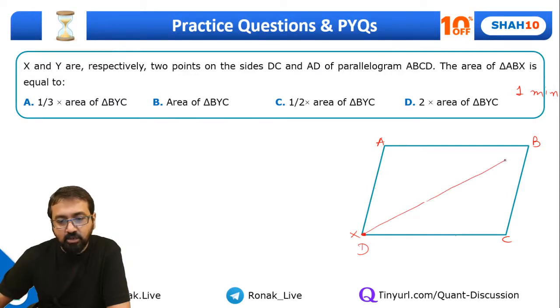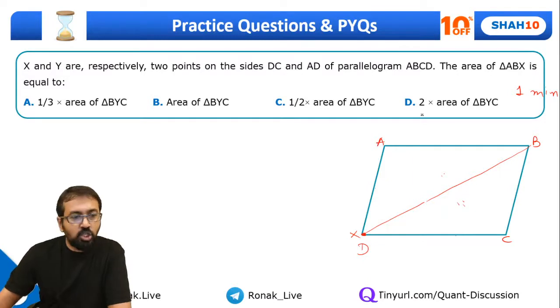Can I say in a parallelogram, when you draw the diagonal, it divides the area into 2 equal halves, right? So ABX is equal to 1/2 BYC. So even if I take the point over here, it will again be the same as BYC. So if I take point Y over here, instead of taking it over here, I could have taken point Y over here, right?